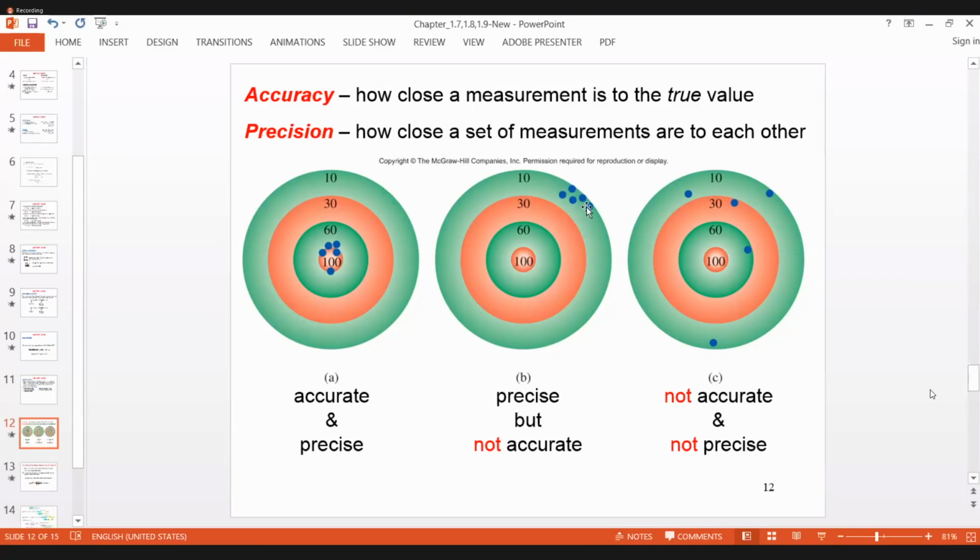Precise means all readings are very close to each other, but not accurate. The third result is neither precise nor accurate. It is neither on the 100, and these results are all away. One is 1.5, another is 3.5, the fourth one is 6.8, something like this. So these are the differences between whether your result is precise or accurate.